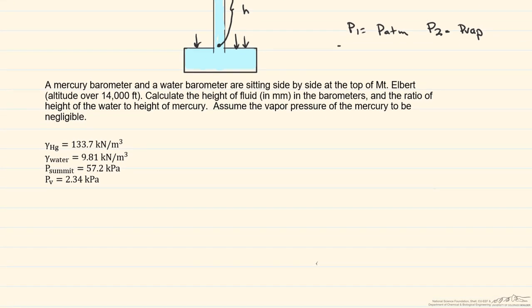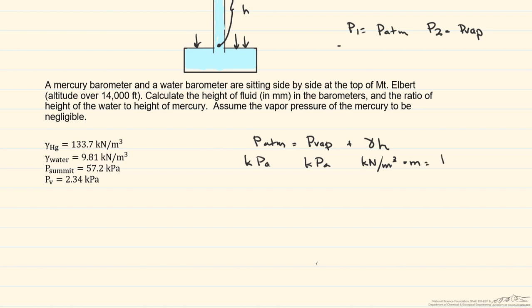To start off, we need to make sure that we're using all the correct units for the equation. We have P atmosphere is equal to the vapor pressure plus the specific weight times H. Here, this is in kilopascals, this is in kilopascals, the specific weight is in kilonewtons per meter cubed, and then we multiply that by meters.